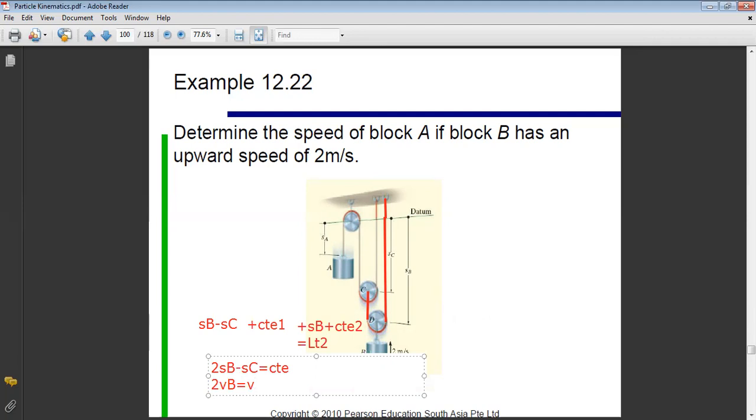And if you remember from the previous equation, what was our previous equation? 2VC equals to minus VA. Okay, so I can replace VC by what? So VC is equal to minus VA over 2.